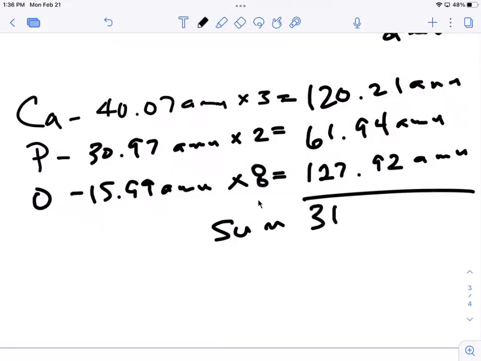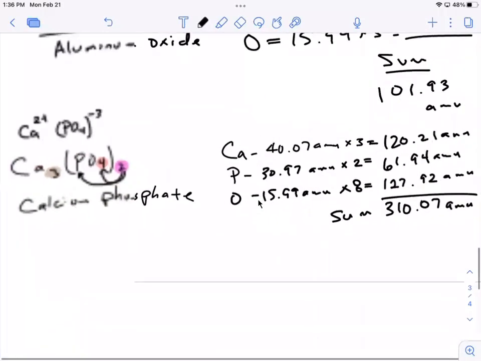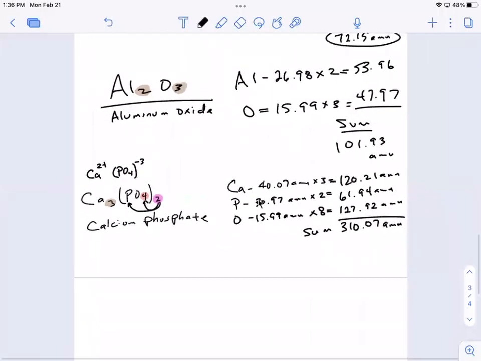310.07. 310.07, and this is in AMU. All right. So that's the formula weight, or the molar mass, or the molecular weight for calcium phosphate.